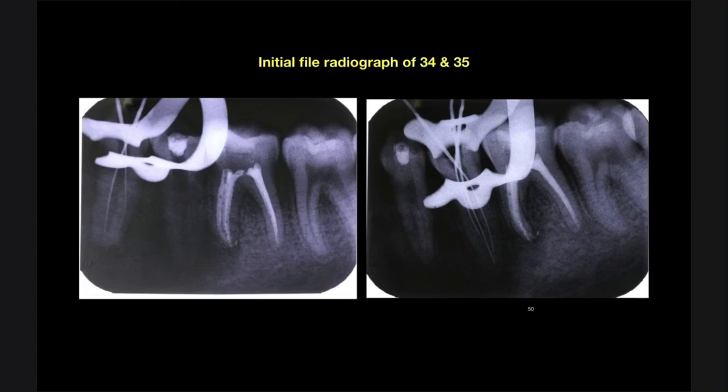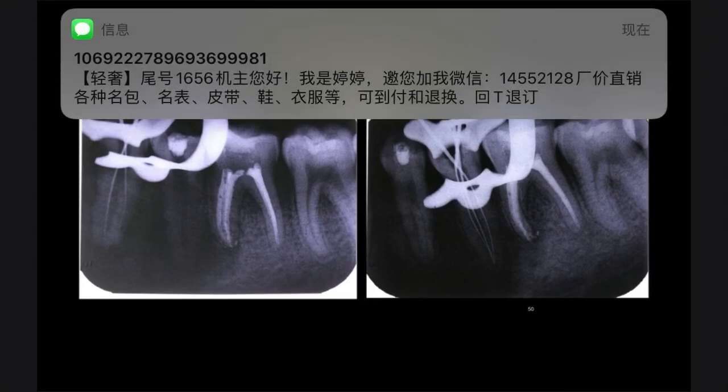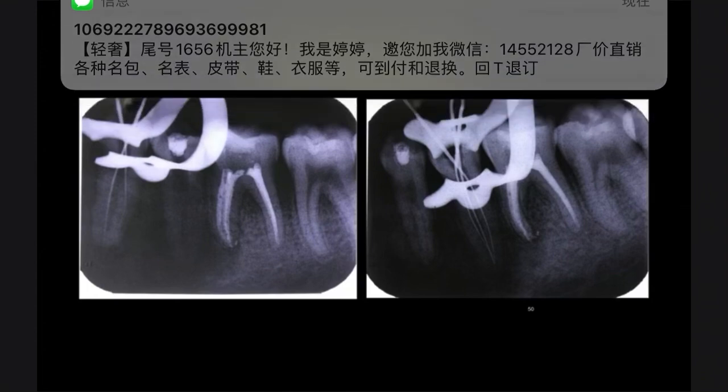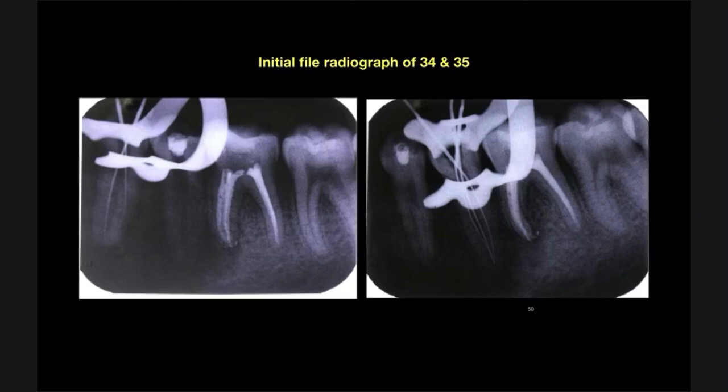And this slide shows the initial file radiograph of the first and the second premolars. You can see in 3-4, the mandibular first premolar, I have put 2 files into the root canal system. That is 2 pathways. But for 3-5, the second premolar, I have inserted 3 files. That is, there are 3 pathways.